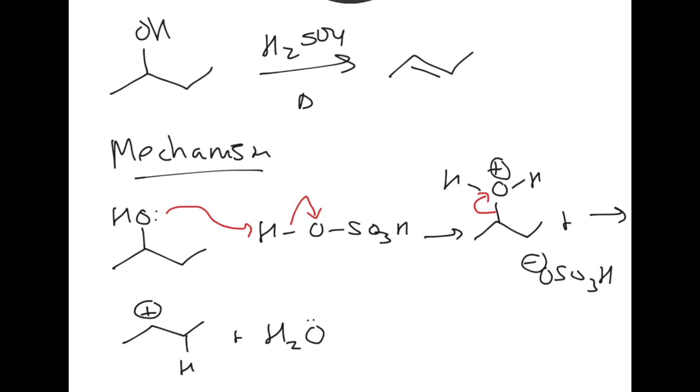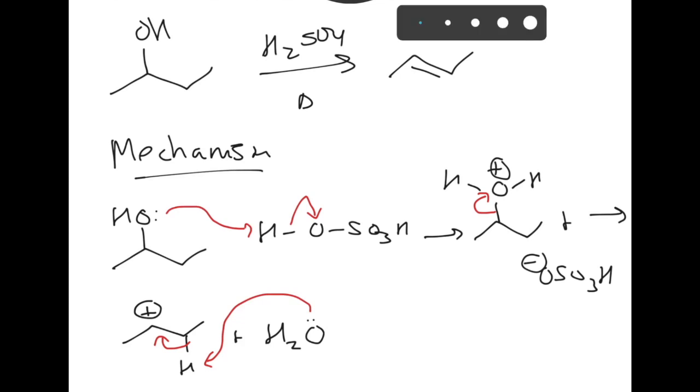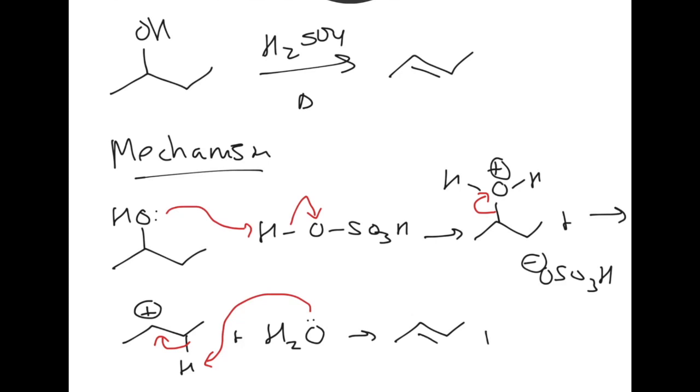Then we could use that water or some other base in solution to grab this hydrogen and have it give its electrons to make a double bond to fill that carbocation. So then we get our double bond plus H3O+.